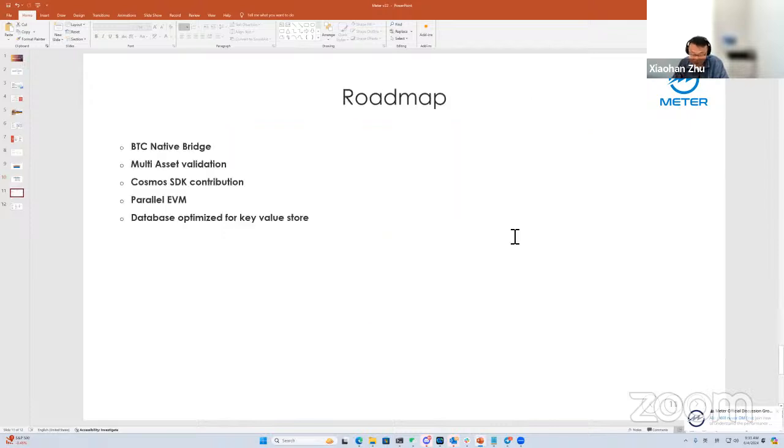Yeah, so here is a little bit on the roadmap for things we're working on the Meter blockchain. We're looking to bring up a BTC native bridge in the next couple of months. And also, right now, the validation in the Meter network requires the MTRG tokens.